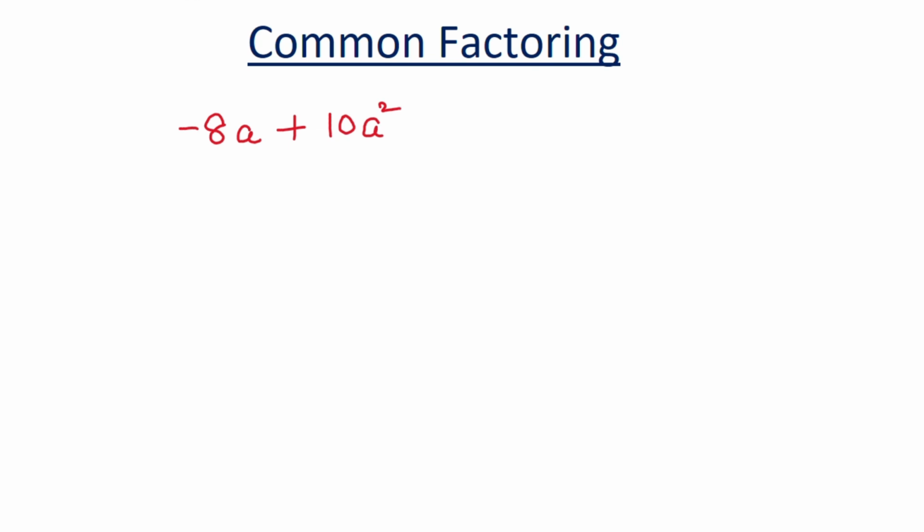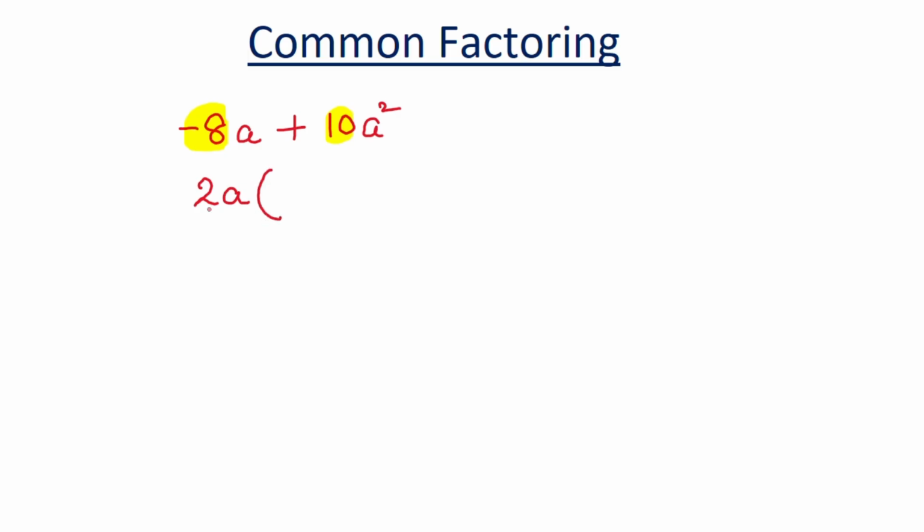If we think about these two numbers, 8 and 10, the greatest common factor is 2, and between the two variables, a and a square, they both have 1a common.